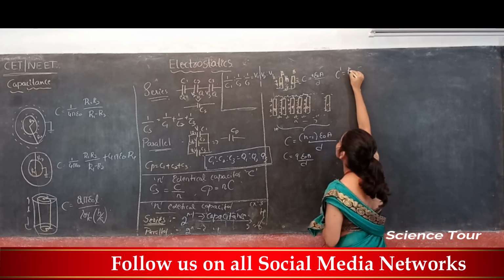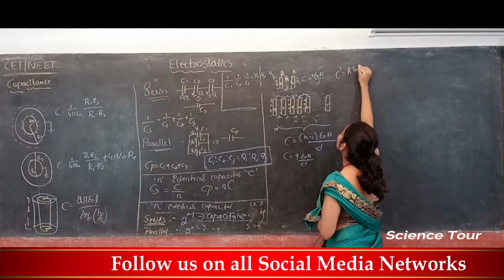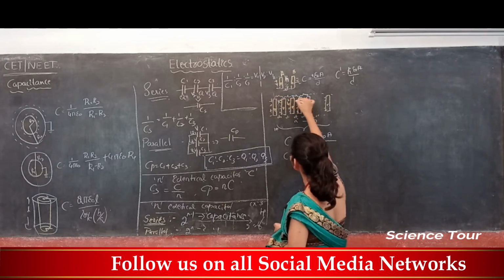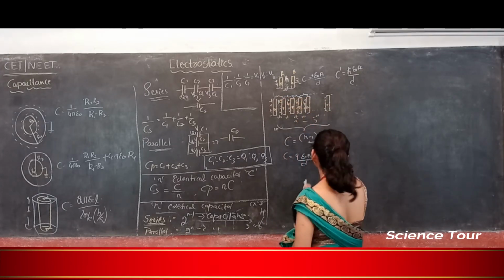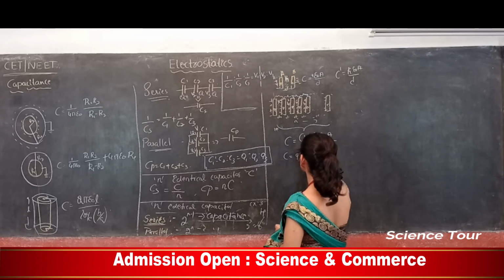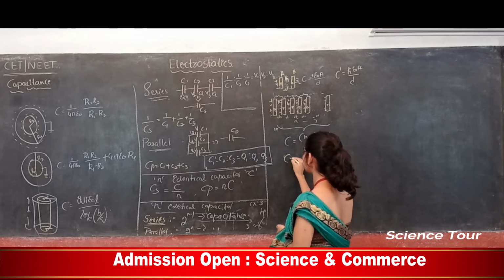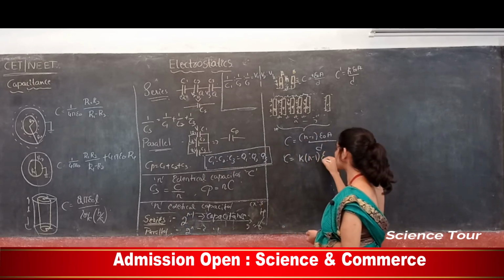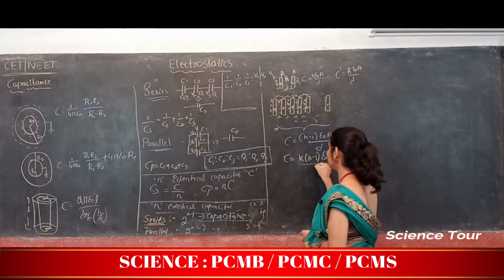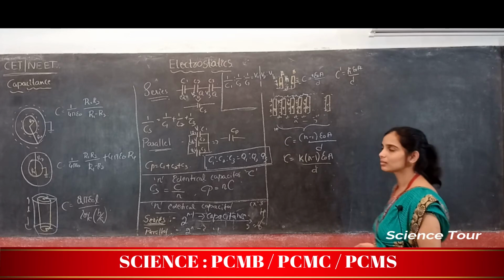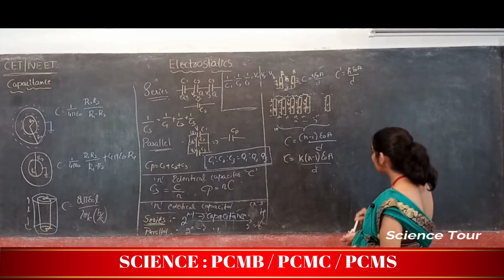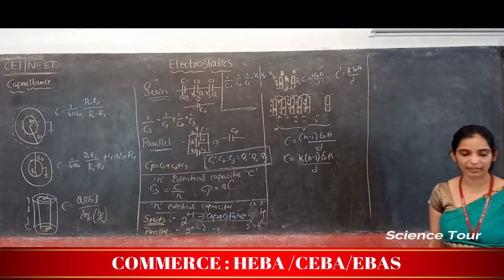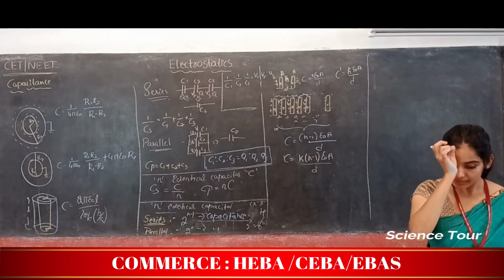Capacitance will be K times epsilon naught A divided by D. Similarly, if this is filled with the same medium, then C will be equal to K times n minus 1 epsilon naught A divided by D. Just making a small adjustment in the formula which you are already aware of, right?